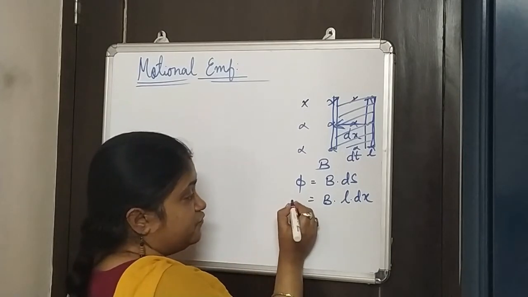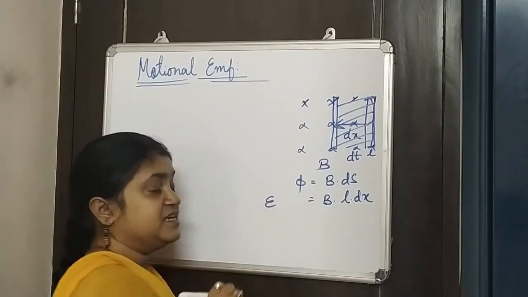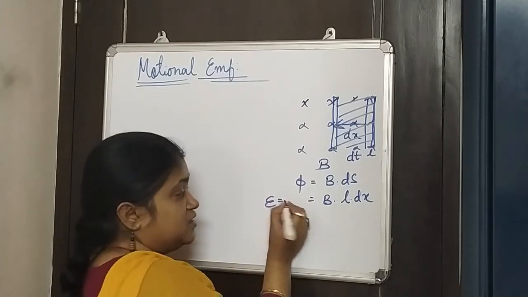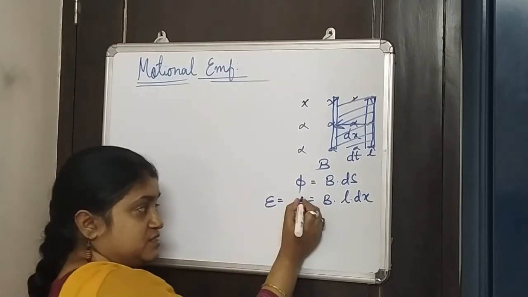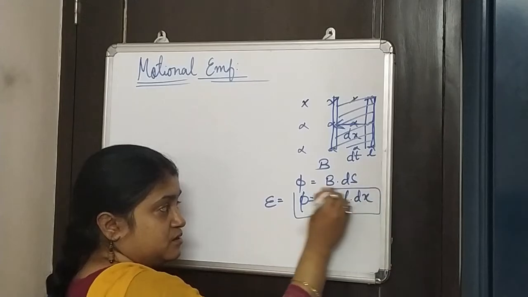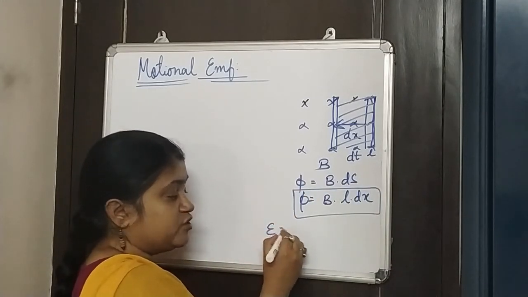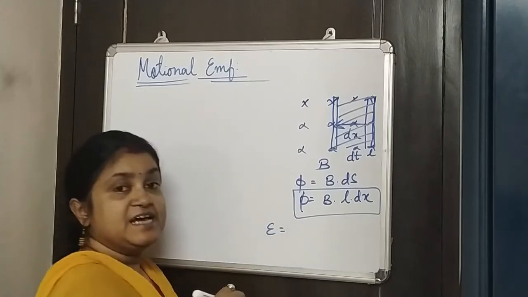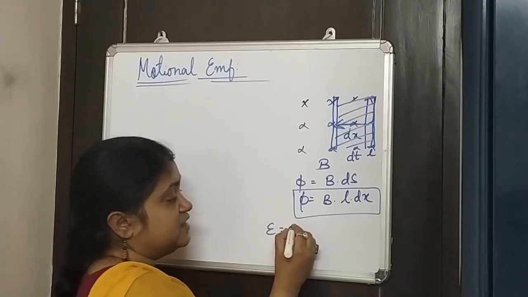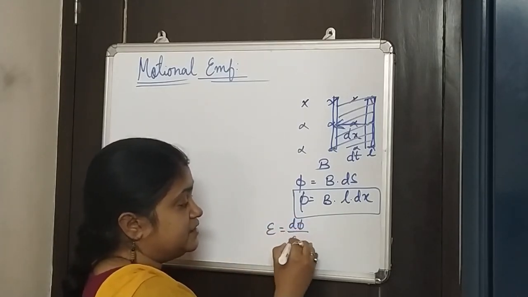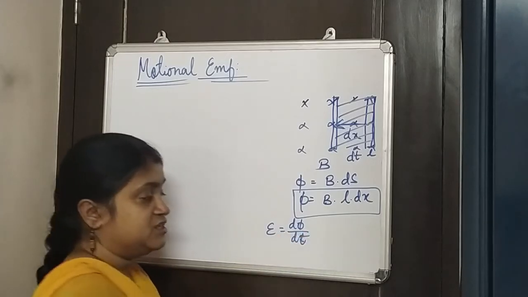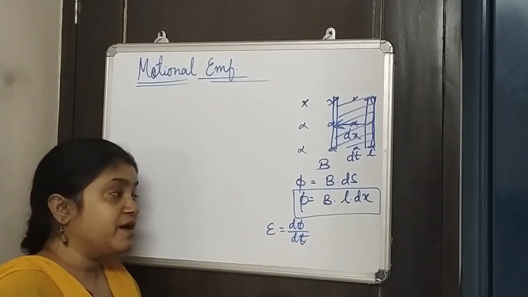Now if we want to calculate the EMF E, this is the flux. According to Faraday's law, the EMF is nothing but d phi by dt, the rate of change of magnetic flux.